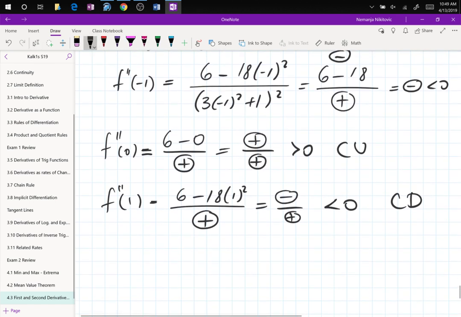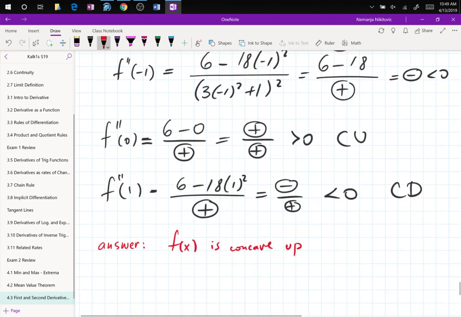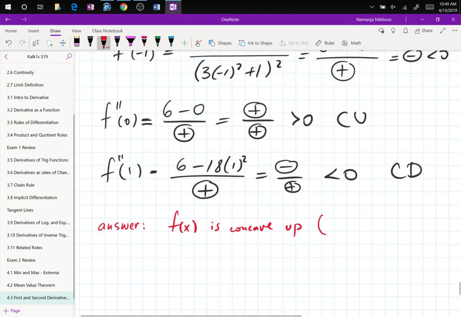So, now the answer. I almost forgot. This is the answer you're providing for tests. Let's say you're interested in points, right? You put this one down. So f of x is concave up from -√3 over 3 to +√3 over 3.